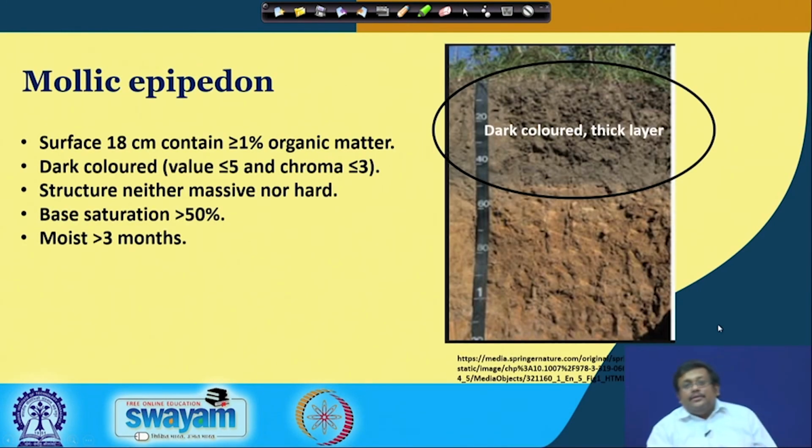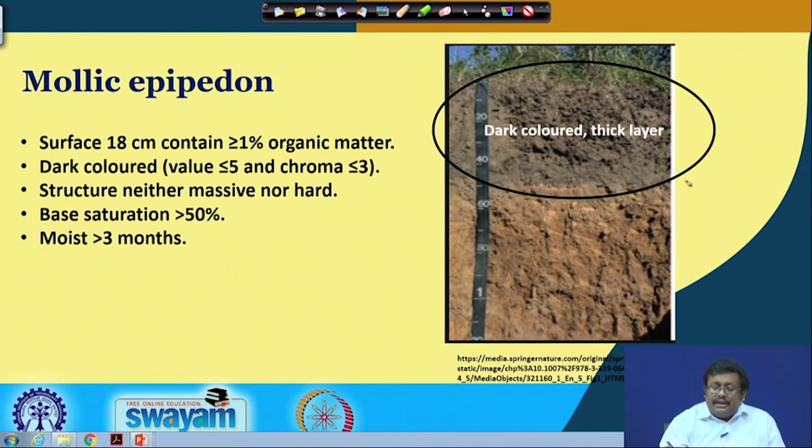Let us start with the mollic epipedon. This is the picture of a mollic epipedon. The most diagnostic feature of this mollic epipedon is its dark color and thick layer. So, if you see a dark color thick surface layer, obviously that is a mollic epipedon. It must contain more than 1% of organic matter, and it should be dark in color.